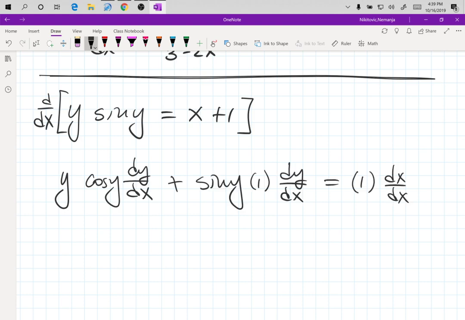So now, when you factor out dy/dx, you get y cosine y plus sine y equals 1, and the derivative is dy/dx equal to 1 over y cosine y plus sine y. Ta-da!